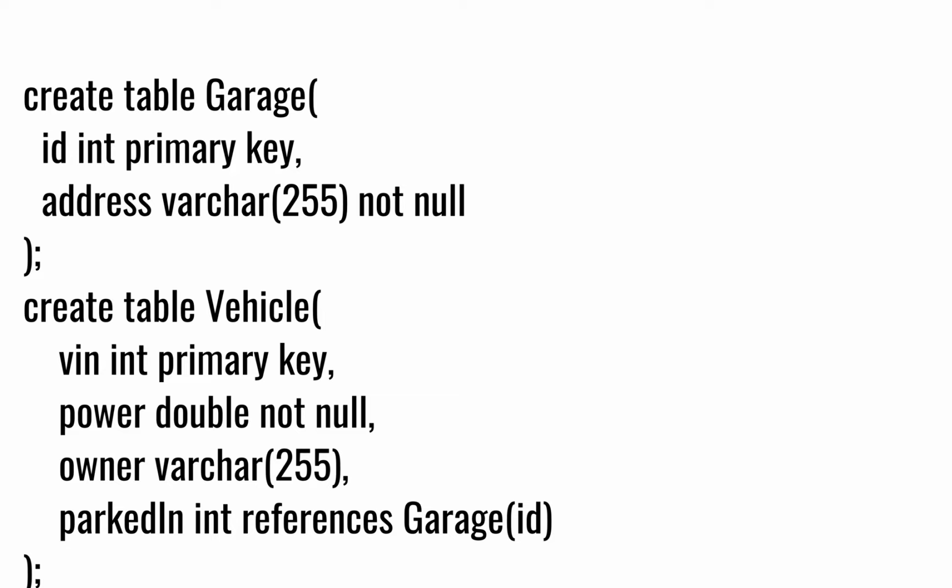For each field, we could determine what data type it is: integers, doubles, strings, varchars. And also the primary keys that allow us to uniquely identify each record, such as parked in as a foreign key to the garage. We'll go over this and look at this for the next month or so.